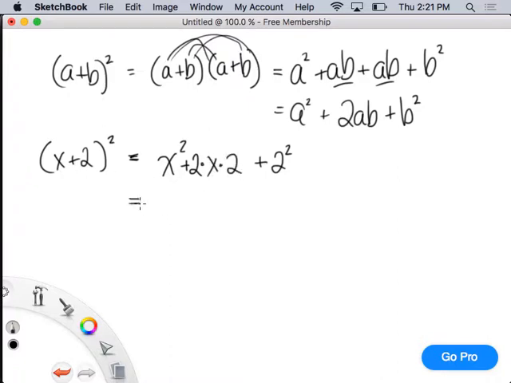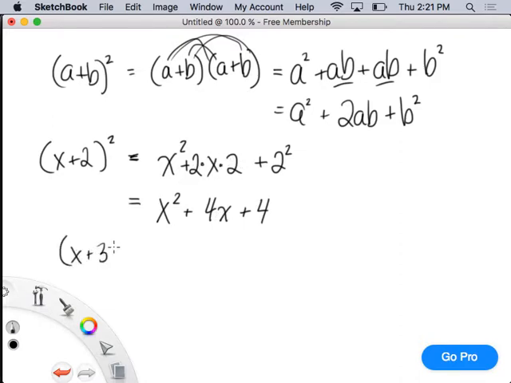Simple as that. So you see I'm multiplying my two terms and then doubling them. Becomes x squared plus 2 times 2 is 4x plus 4. You see that? Pretty clear? Square the first, square the last, multiply, and double.